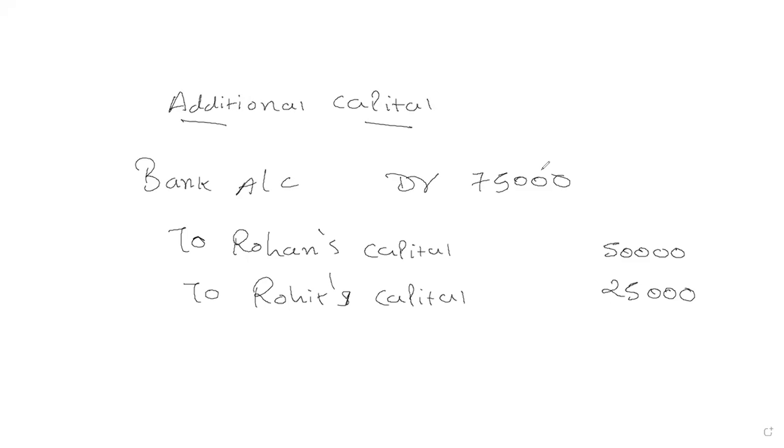If they had brought capital through cash, then we would have passed the entry: cash account debit to Rohan's capital, to Rohit's capital. But they brought capital through net banking, that's why we have passed the entry bank account debit to Rohan's capital, to Rohit's capital. अगर वो कैश में लाते, then we would have debited cash account. वो लोग ने नेट बैंकिंग से पैसा लाया, that's why we debited bank account.